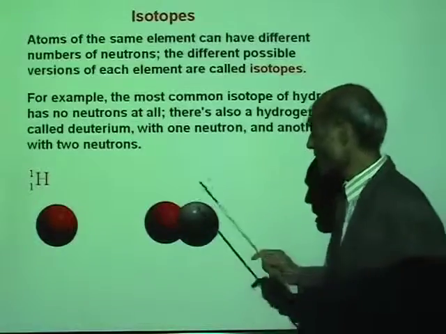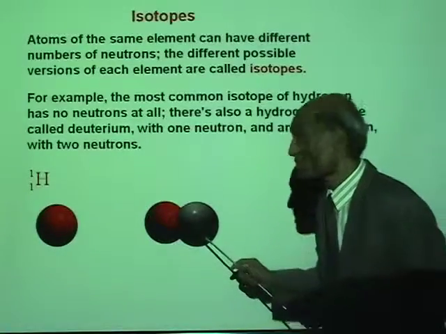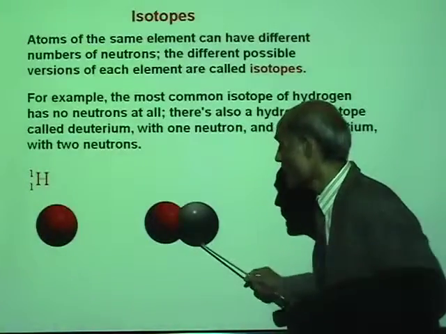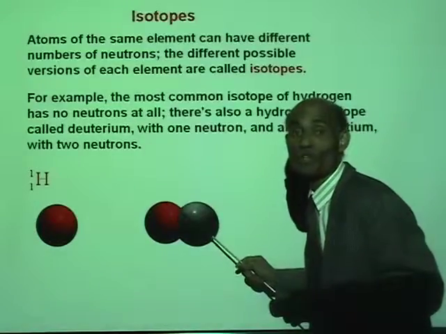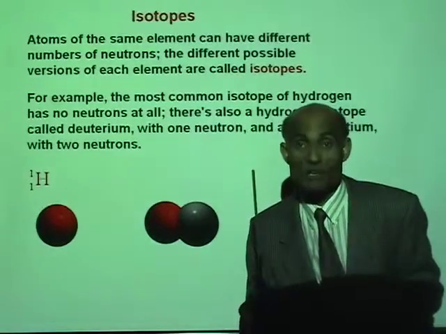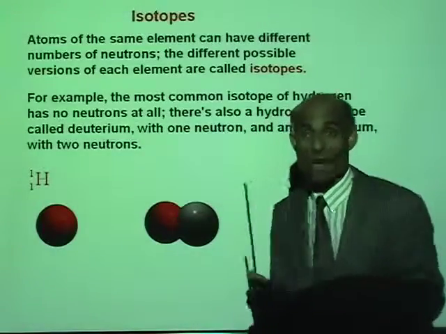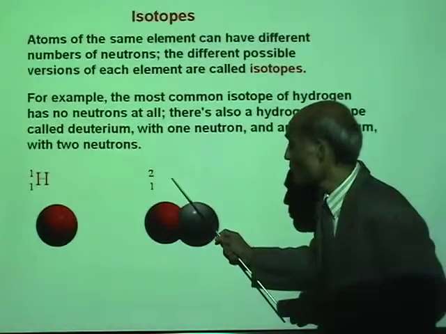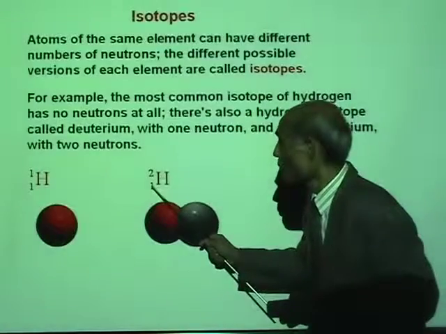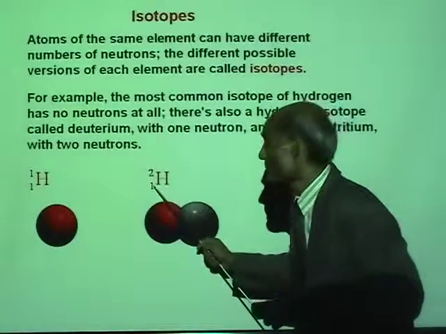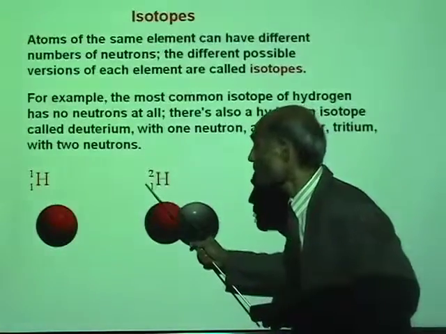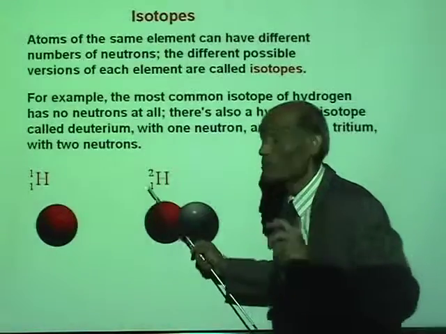But you can have a different type of hydrogen, one proton and one neutron. This is still hydrogen. Why? Because the number of protons is just one. How do you write the symbol for this? It will be H12. One proton and one neutron.